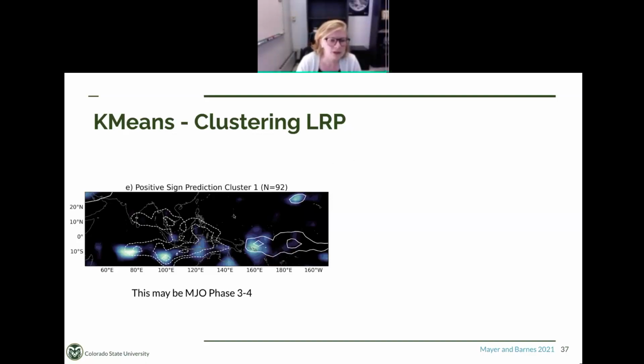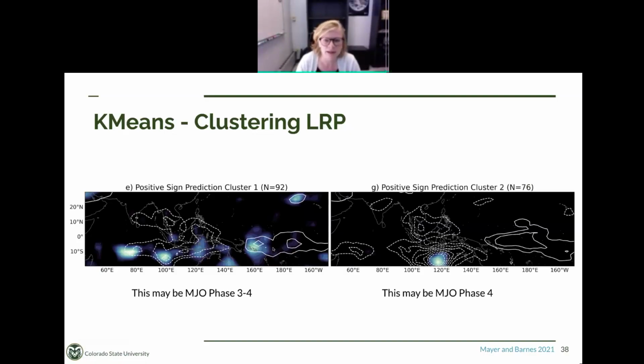On the left here, we have cluster 1 for the positive sign predictions, again highlighting this Indian Ocean, maritime continent region and the Western Pacific. And then for cluster 2, we see that it is mainly highlighting the convective region over the maritime continent for this prediction.